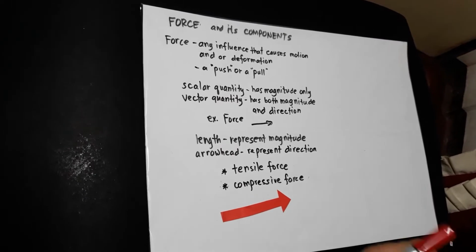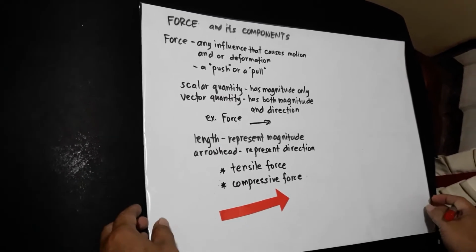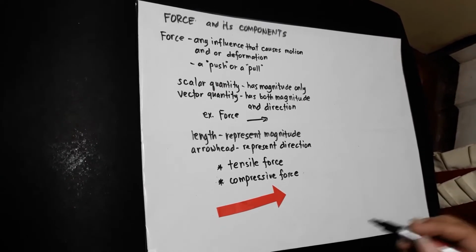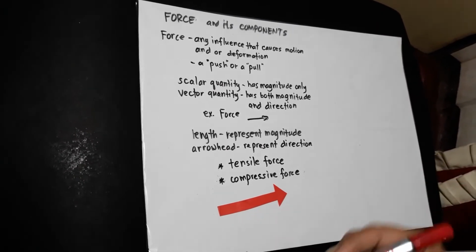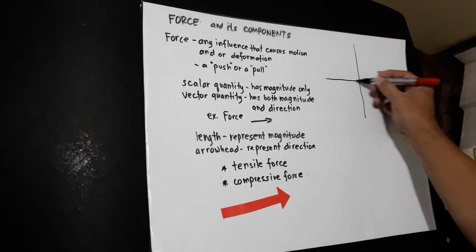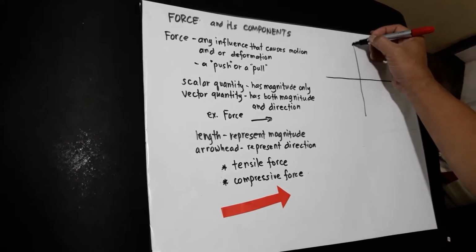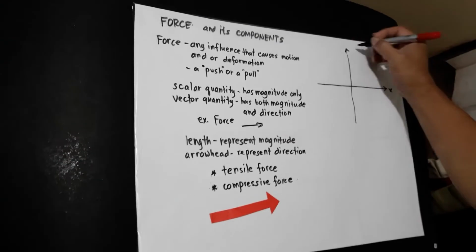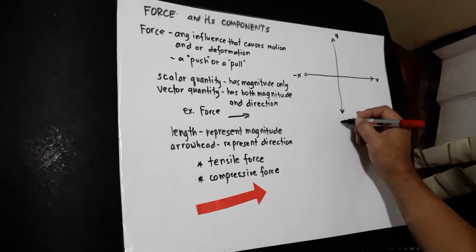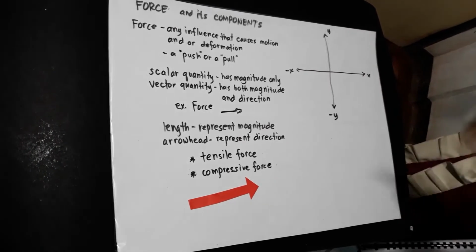For this next lesson, we need to find the components of the force along its x and y direction. So we need to have the Cartesian coordinate system where we have here the x, the y, the negative x axis, and the negative y axis.